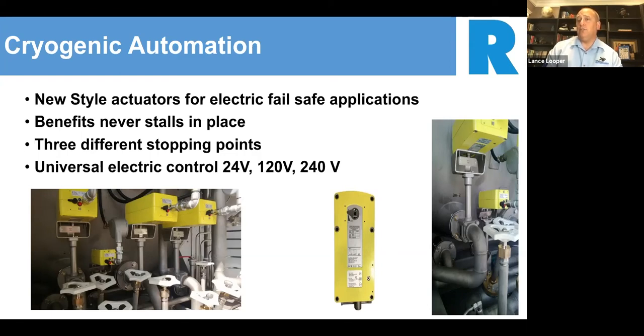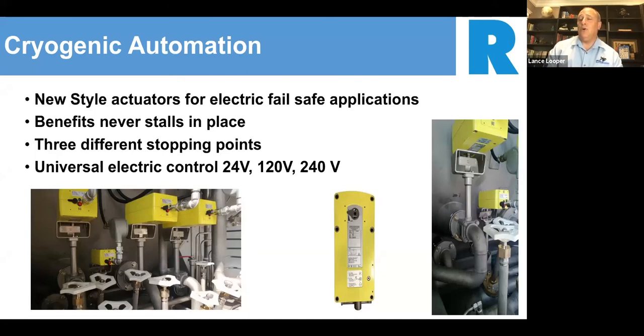They have a universal connection on them that will actually utilize 24, 120, or 240 volt. They have 3 stopping points. You have a start, stop, and somewhere in the middle, wherever you want to put that.